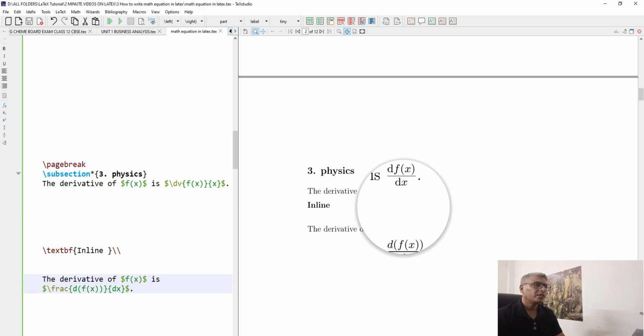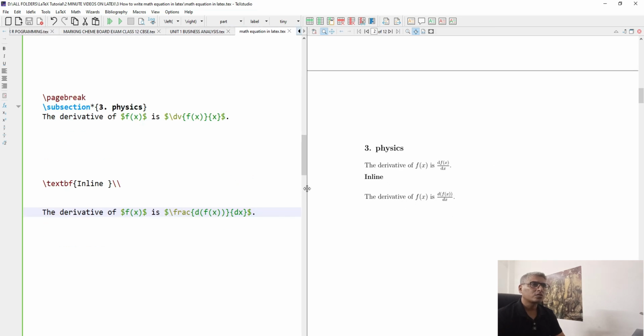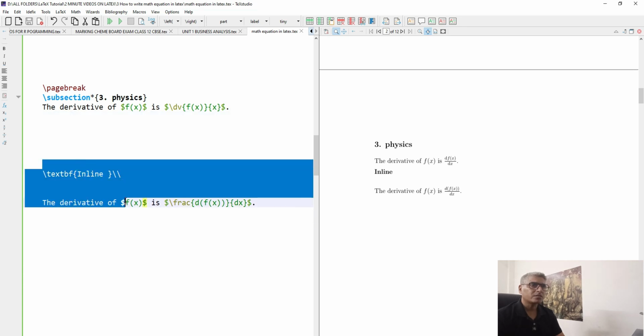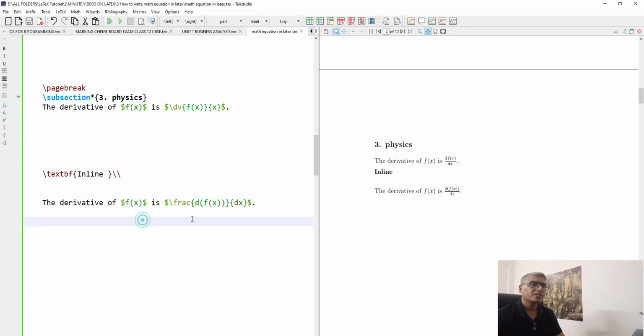However, the major difference is we have not used the fraction code in this particular equation where we have used the physics package. On the other hand, if we are using the inline code, then we have to use fraction separately to represent it in this particular form.